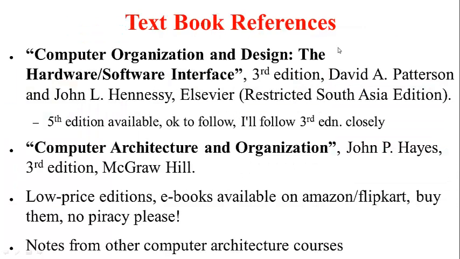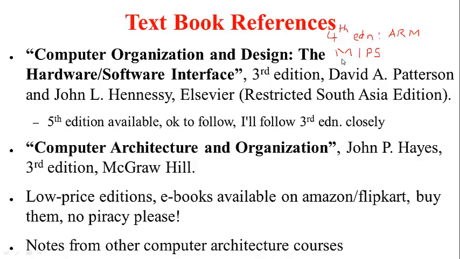These are the textbook references for this course. I will mostly be following the Computer Organization and Design book by Patterson and Hennessy. I will closely follow the 3rd edition, although it is also okay if you have the 5th edition with you. Note that the 4th edition uses the ARM processor for various examples. The 3rd and 5th editions use the MIPS processor, which is what I will be using.